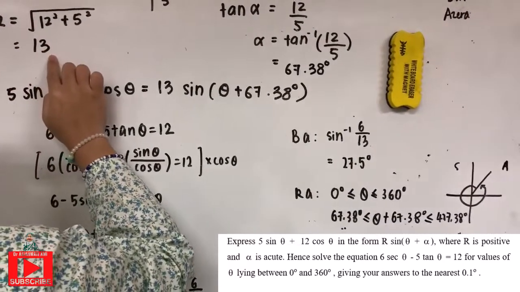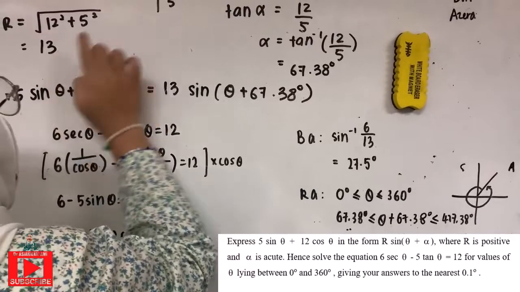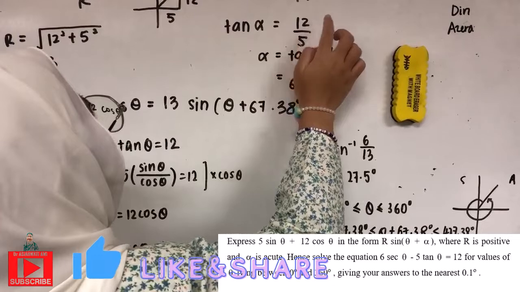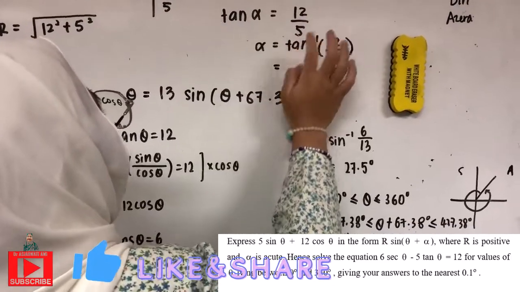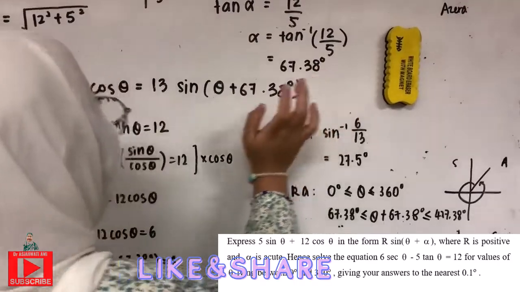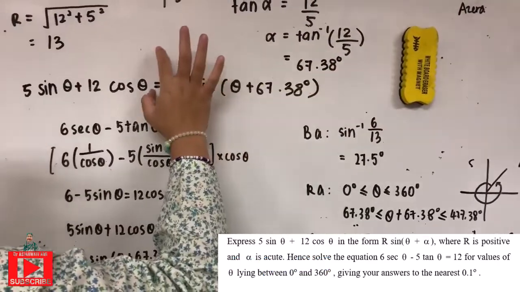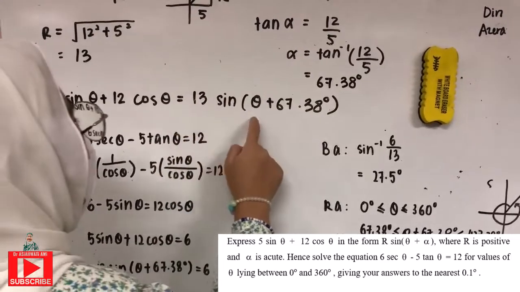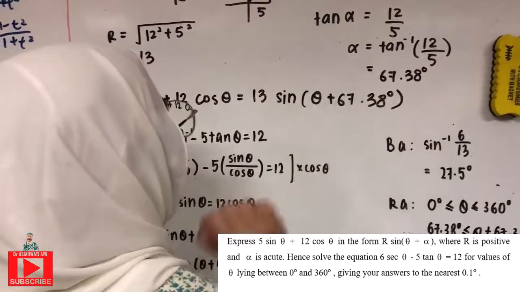And then we want to find the value of alpha. So we use tangent alpha equals opposite over adjacent. So tangent shift 12 over 5 gives 67.38 degrees. And then we put it into our r sin theta plus alpha. So we get 13 sin theta plus 67.38 degrees.